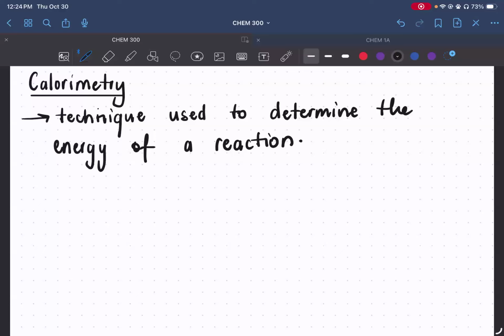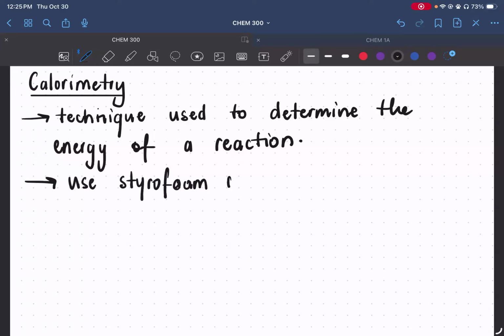So how exactly do we devise a technique that recognizes that sensitivity, but isn't affected by simple changes? Meaning, I should be able to run the reaction in a lab room. I should be able to run a reaction outdoors, and the results should be the same, even though they would be two different temperatures. The way we do that is we use styrofoam cups.